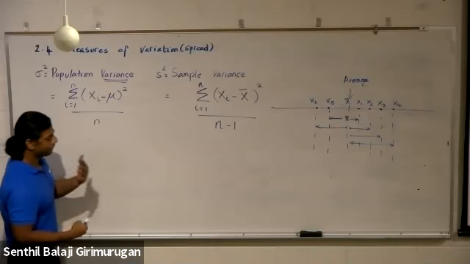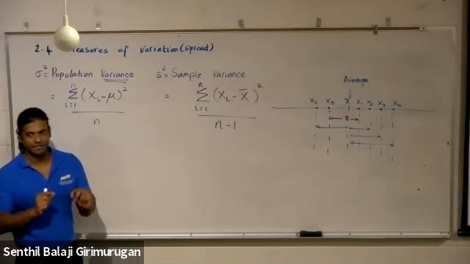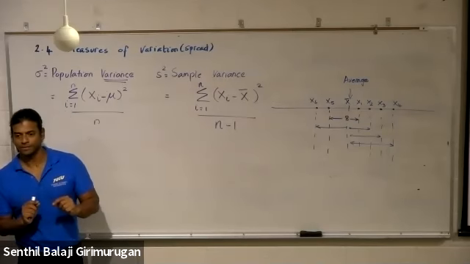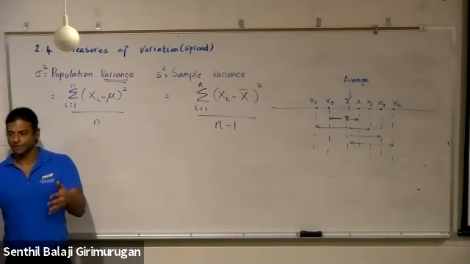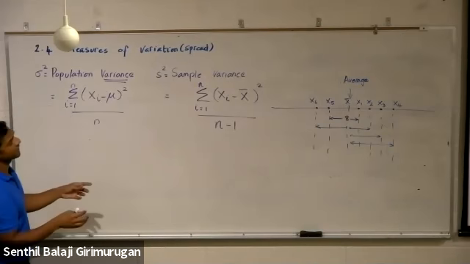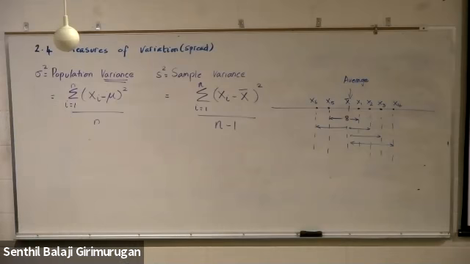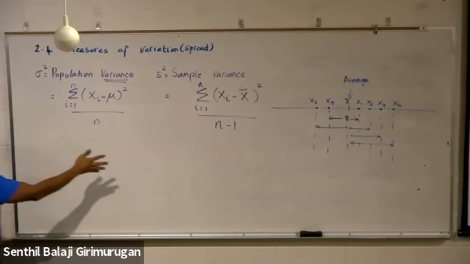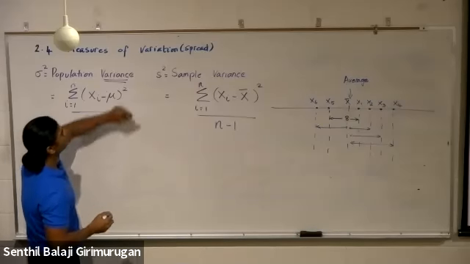If my lab says do it manually, I'll do it manually, right? If you have 10, 20 observations, do you really want to sit there and do it manually? We don't have time for that. So use the calculator. Are we good? So that is the formula for variance, but we're going to use the calculator.